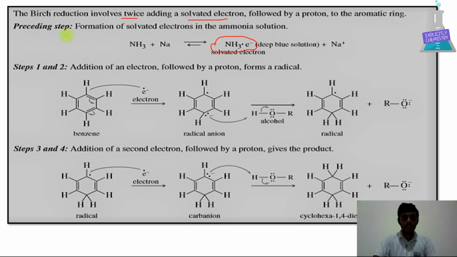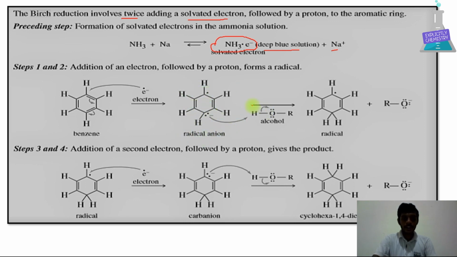In the preceding step, the liquid ammonia reacts with sodium to form the solvated electron, which is a deep blue solution, leaving an Na plus ion. In steps 1 and 2, the electron is added to the ring and the bonds shift, forming a radical anion.